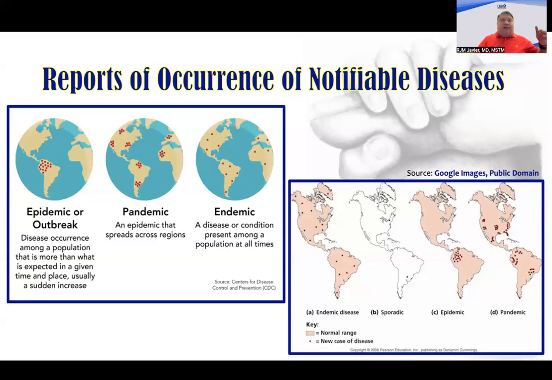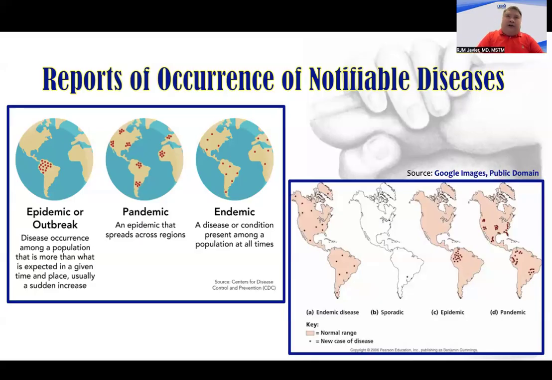For example, when you say Australasia Pacific region, that could be one WHO region. Now, if the epidemic happens in more than two to three geographical WHO areas, then that's a global pandemic, just like what happened in COVID-19.